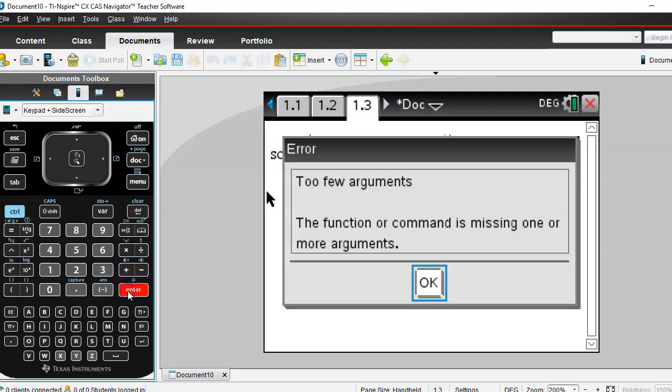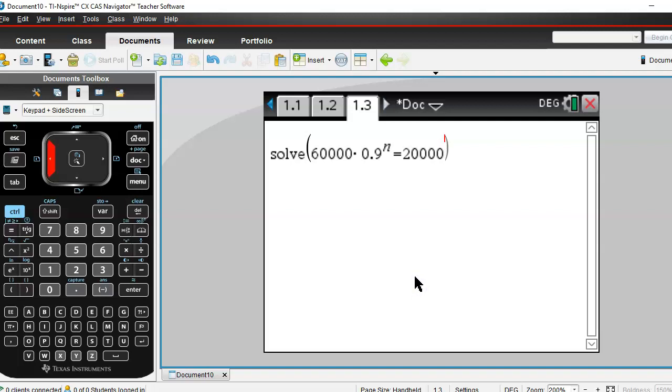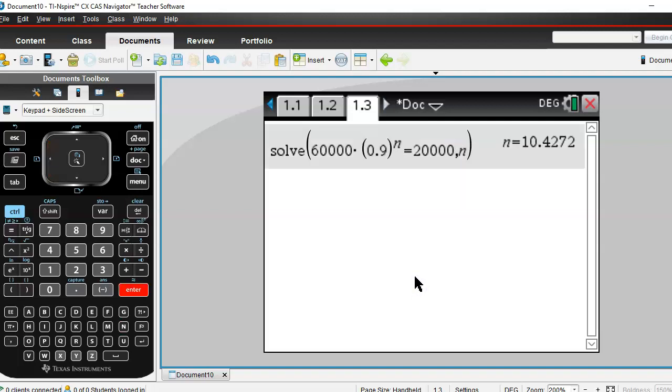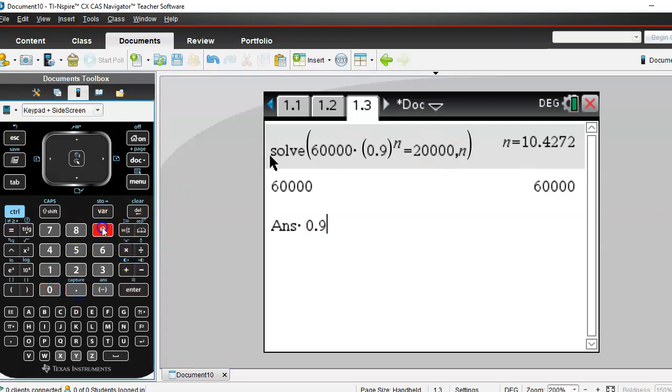So equals, oops, I forgot to say I want to solve for n. So n is equal to 10.42. So that would be 11 years. Remembering at 10 years, it wouldn't be below the 20,000 yet. The other way you can do it is to do the recursion. You can go 60,000, and then times by 0.9.